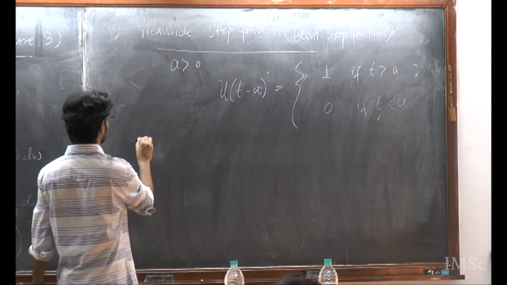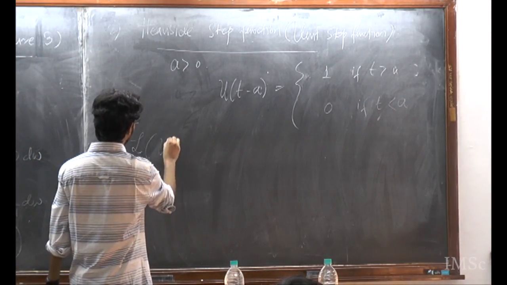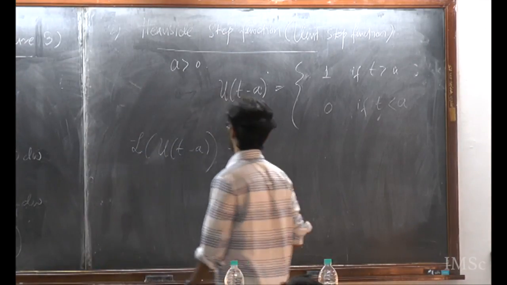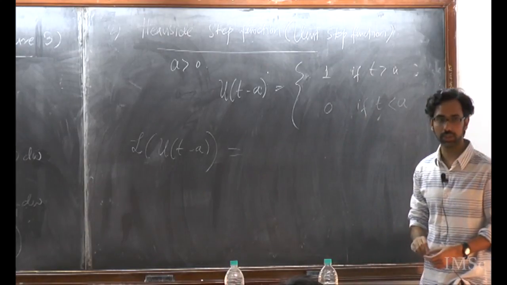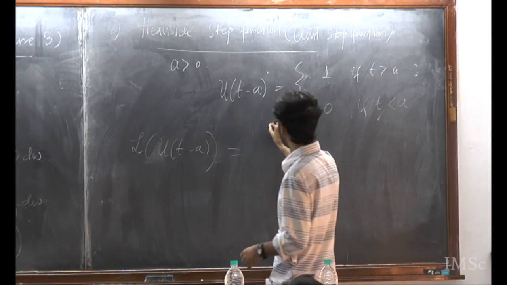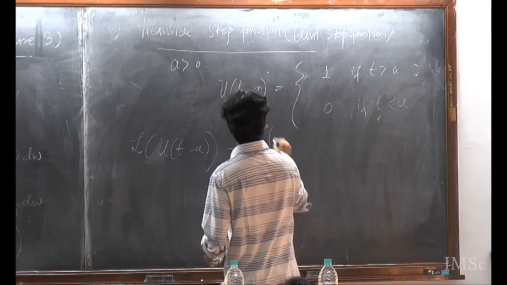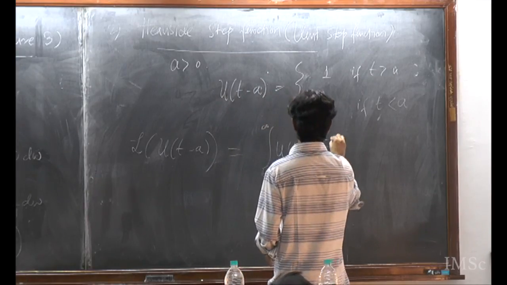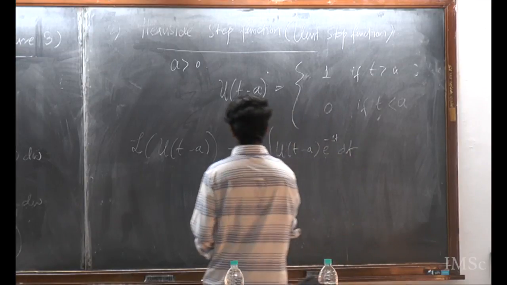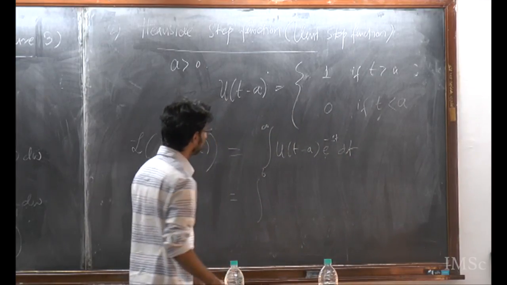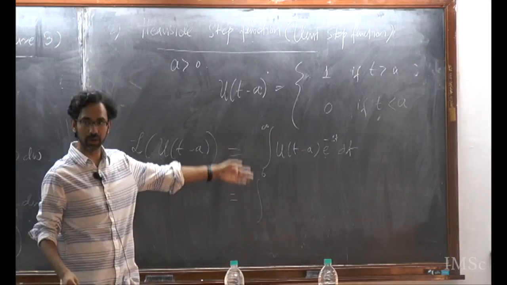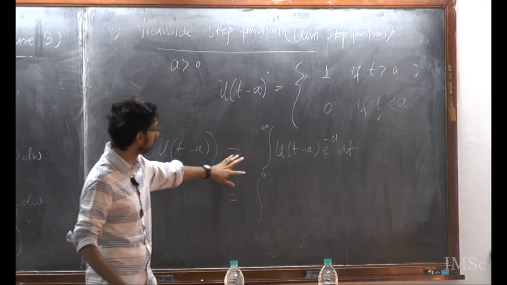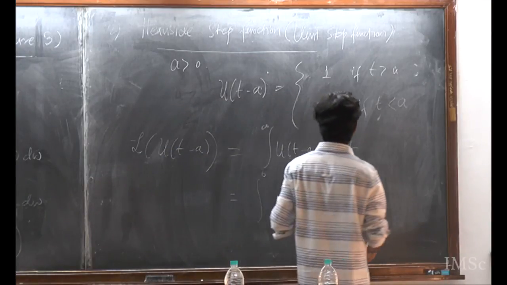Very good. So we want to compute the Laplace transform of u of t minus a. What is it? Let me write down the formula: the integral from 0 to infinity of u of t minus a times e to the minus st dt. The easiest thing to do is to break up the integral into 0 to a and a to infinity.